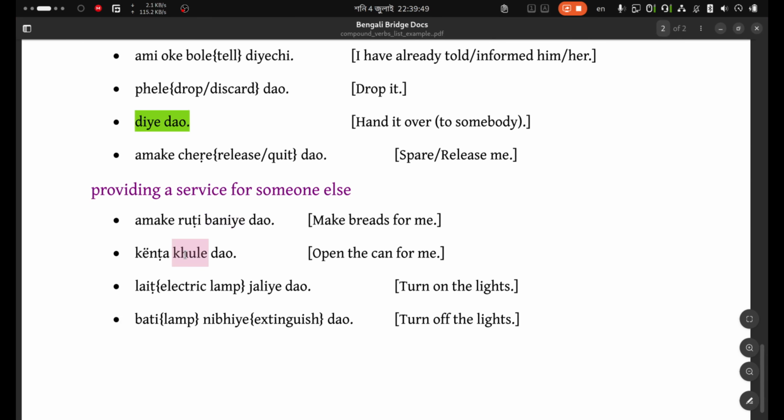Khola means to open. You already know that. Can is like a metal can, aluminum can. "Canta khule dao." Open the can for me. And the last two sentences you already know. "Light jaliye dao." Turn on the lights. I could add "for me" there.